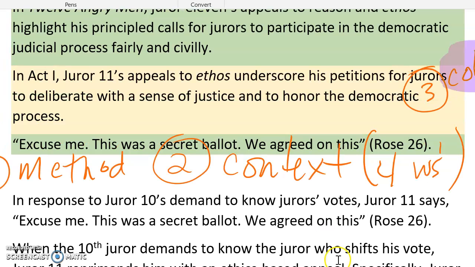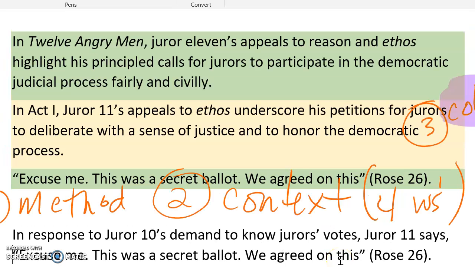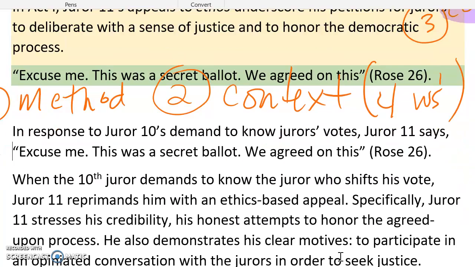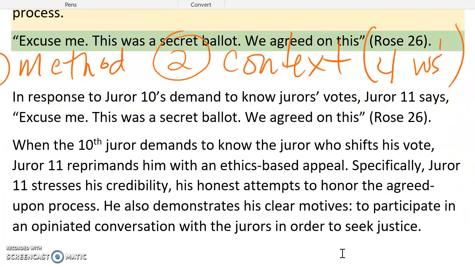In terms of blending with some language that connects us back to the topic sentence. In Act 1, Juror 11's appeals to ethos underscore petitions for jurors to deliberate with a sense of justice and to honor the democratic process. I don't have that right now. I've got to figure out a way to get some language in this blend so that in every sentence, I have words connecting back. Juror 11, sorry.